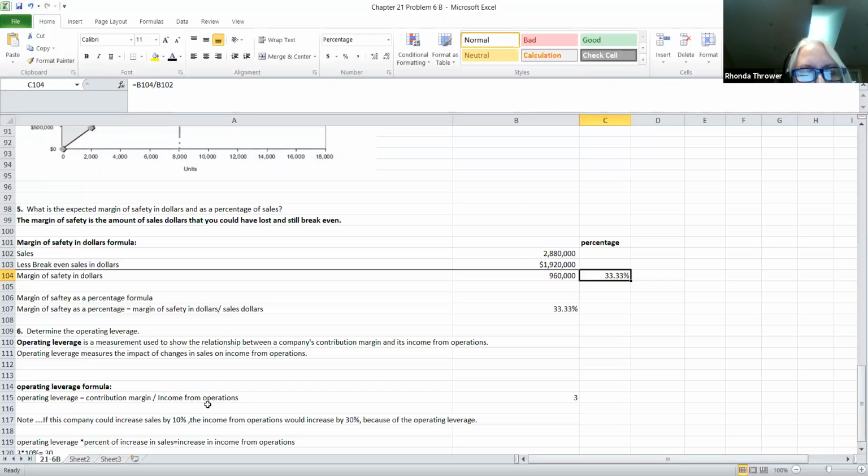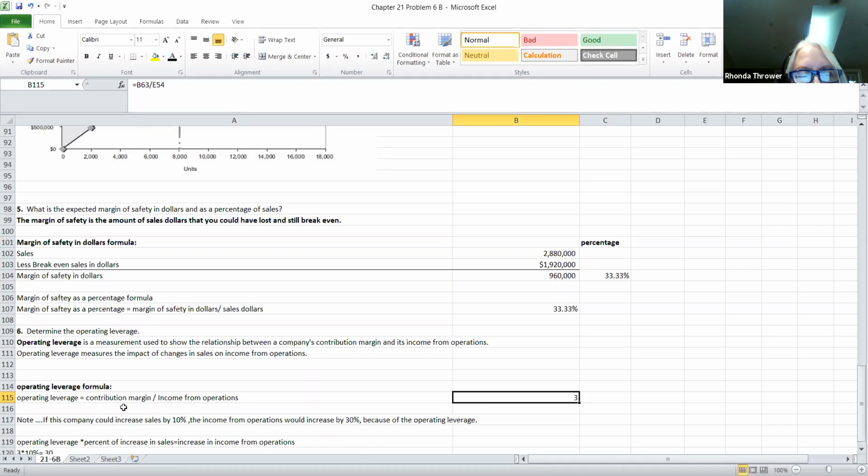That's how you get the contribution margin. And then you would divide that by your income from operations. And I put a note here. I just wanted to make this clear to you. If the company could increase its sales by 10%, the income from operations would increase by 30% because of the operating leverage. Right here, we calculated the operating leverage for this company.